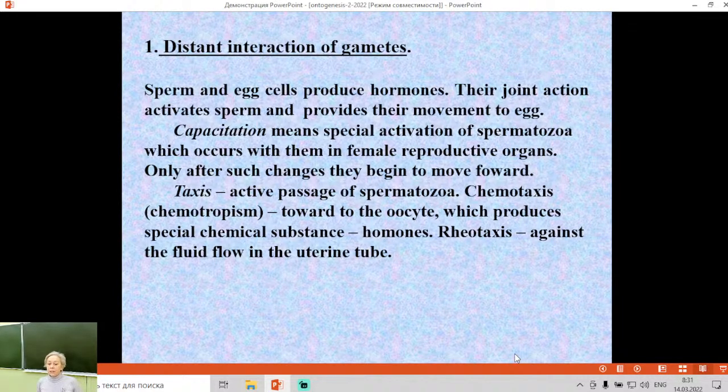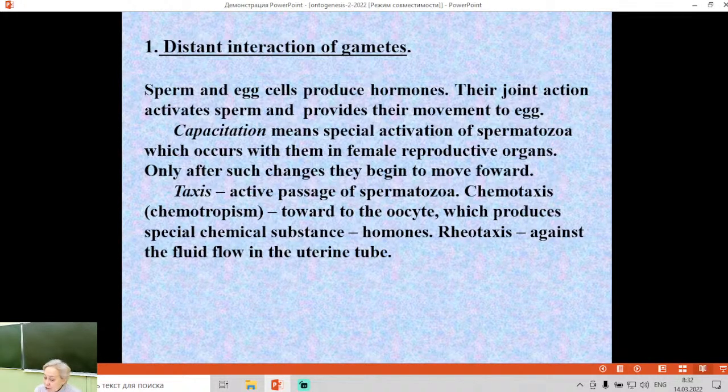And let's consider this stage more carefully. Distant interaction of gametes. Sperm and egg cells produce hormones. Their joint action activates sperm and provides their movement to the egg. And you can see two processes at this stage. Capacitation. Capacitation means special activation of spermatozoa, which occurs with them in the female reproductive organs.